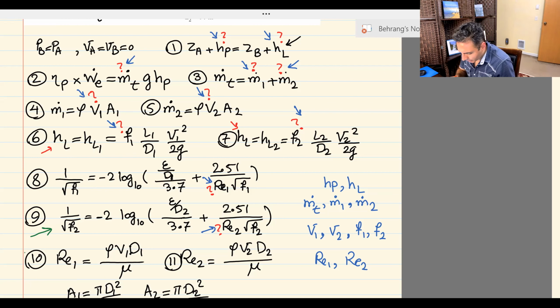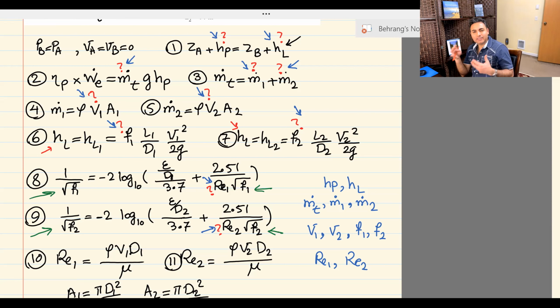This is not the case. There's another trick that we're going to encounter when you write the code: the Colebrook equation is an implicit equation, with 1 over square root of f on one side, and on the other side you have a square root of f inside a logarithm. That is an implicit equation. Not only that, f is a square root.